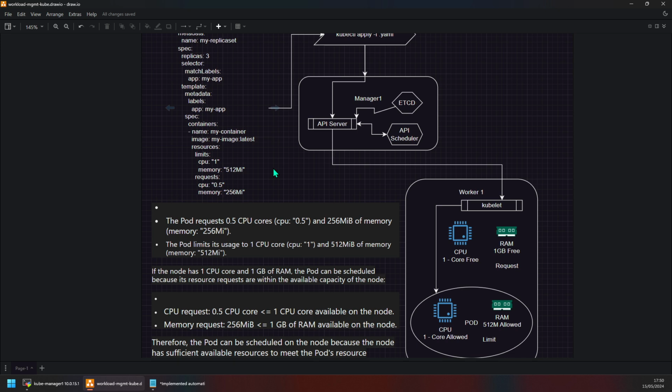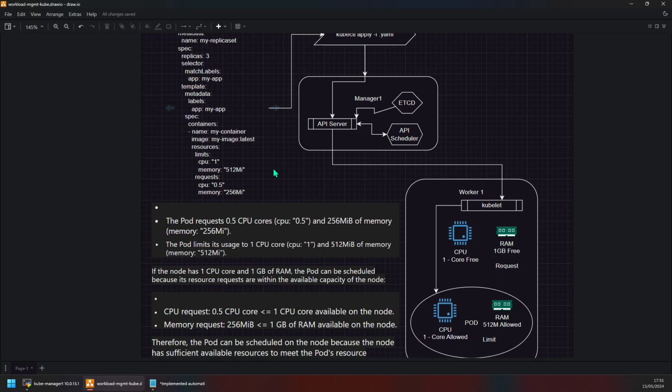No, it doesn't. This limit criteria only says that it cannot exceed that. If the pod is not utilizing that 1 CPU or 512 MB of RAM, it will not even be assigned to that pod. It will be in an idle state.